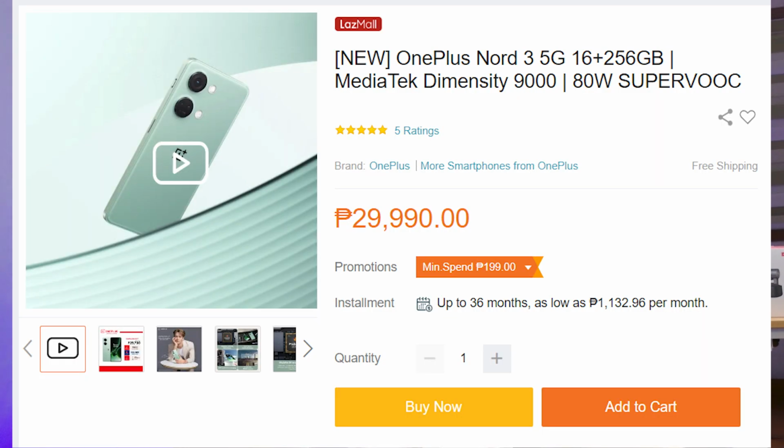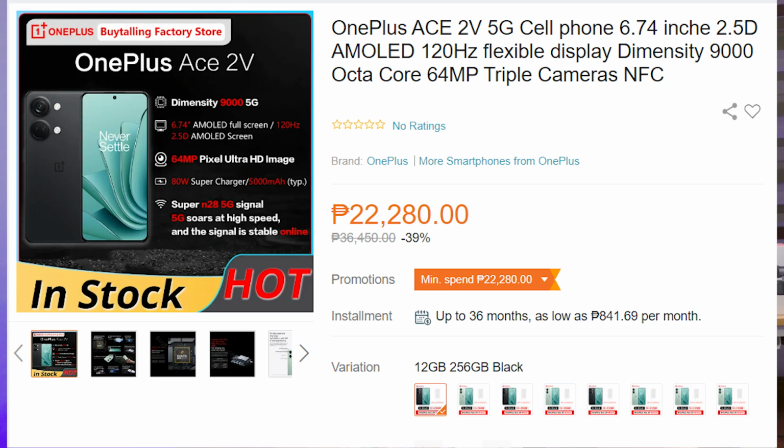And another classic example is the OnePlus Nord 3. OnePlus Nord 3, 29,990. If you buy the China counterpart, which is the OnePlus Ace 2 V, mabibili nyo sa around mga 22,000 pesos. It's still a 8,000 pesos difference. Well, except siguro yung camera, it's not a Sony IMX890.